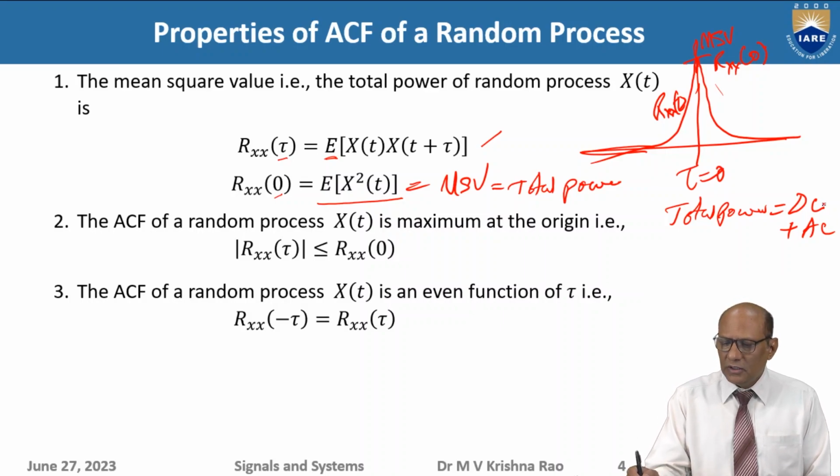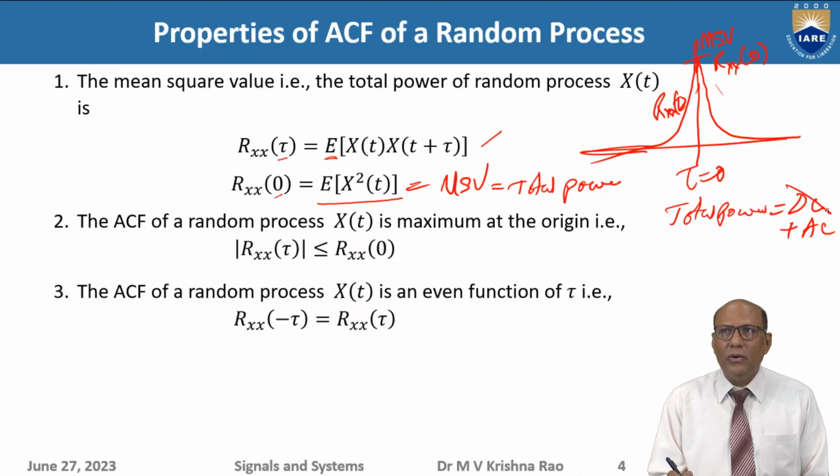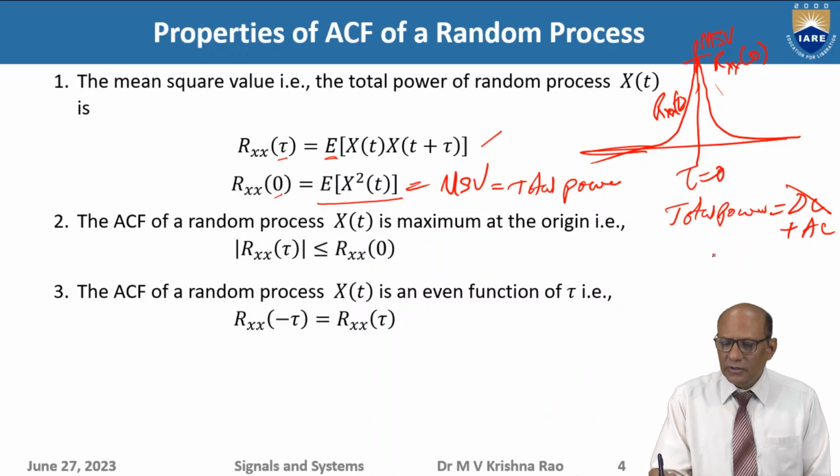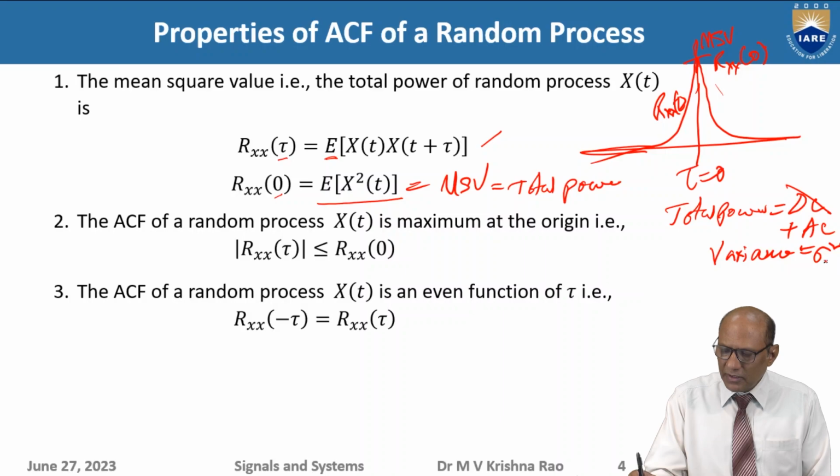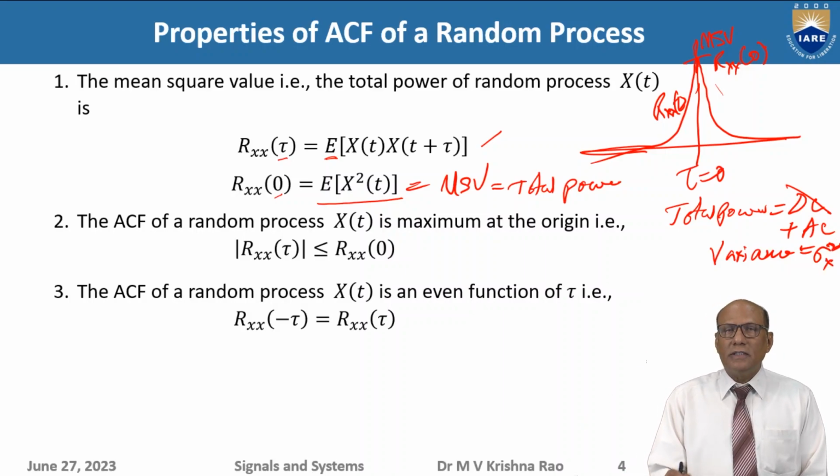If I take mean value 0 for the process, the DC becomes 0, and I have only the AC power. That AC power you can call the variance, by the famous symbol sigma square, sigma x square, because x is the random process.